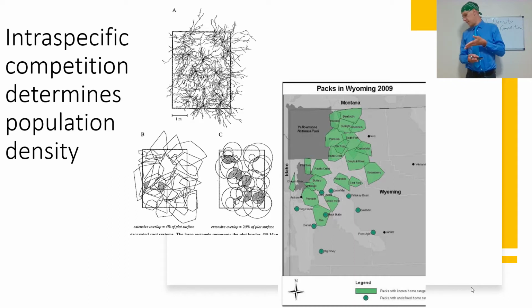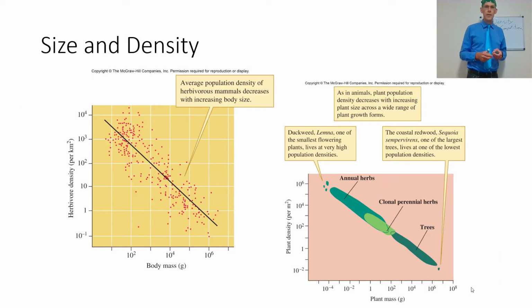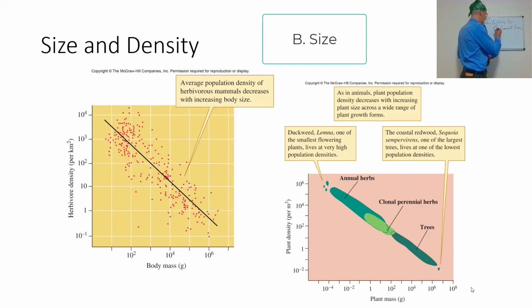And much the same way, these wolf packs in Wyoming are not intermingling much. There is some range overlap, but they try to avoid that. Generally a good practice. So they try to avoid range overlap because they are competing with one another, but that is going to determine the population density as well. And it's also a factor of size, as you saw in the garden.